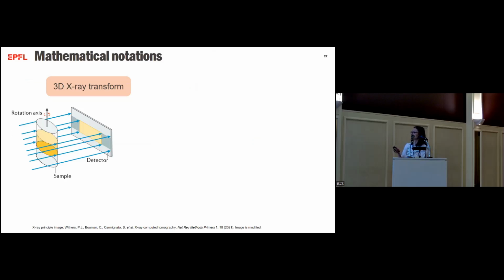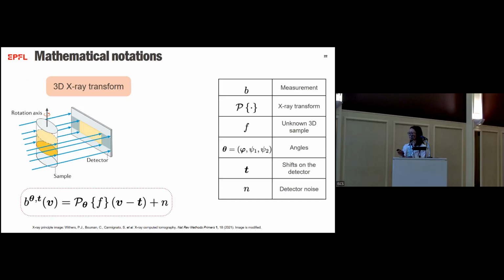So first, the imaging model we use for OPT is the 3D X-ray transform. It describes discrete projections of 3D samples.